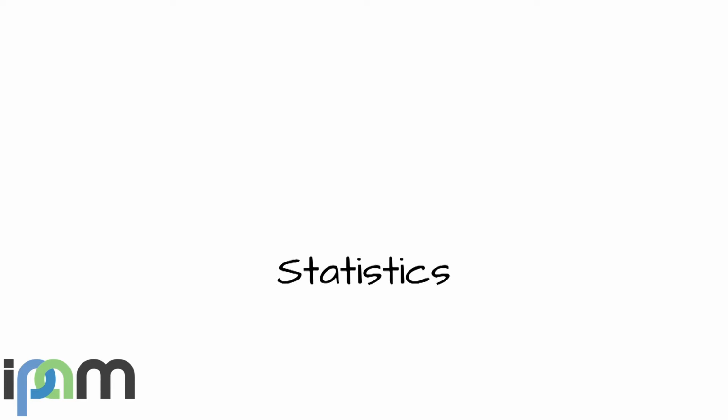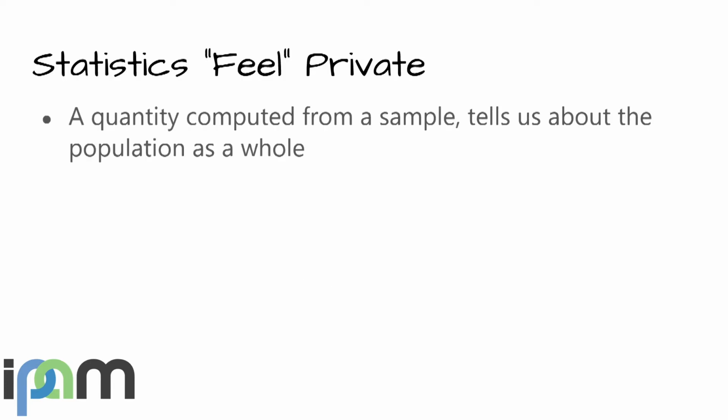Okay, so statistics. Statistics feel private. A statistic is a quantity that's computed from a sample, and it tells us about the population as a whole. This is why the field of statistics works at all.